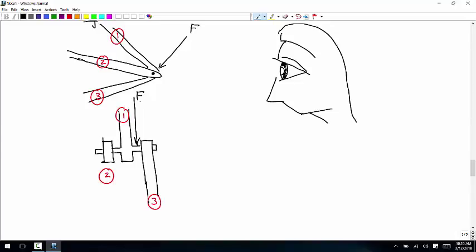Like 1 felt all these things, but 2 is only connected to the pin. It's not connected to 3, and that F isn't applied to it. So this one only has F21 or negative F12. And same with this. It doesn't feel member 2. It doesn't feel F. It just has the force on 3 by 1 or negative F13. Okay.